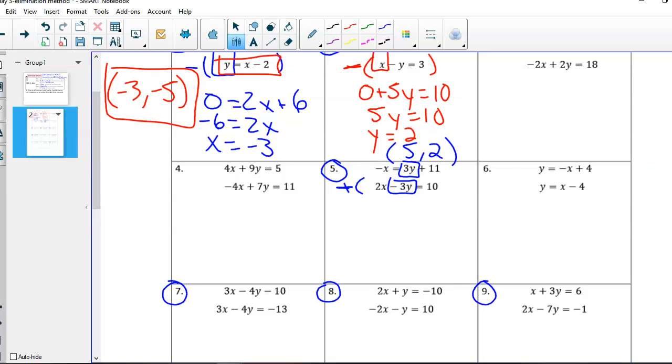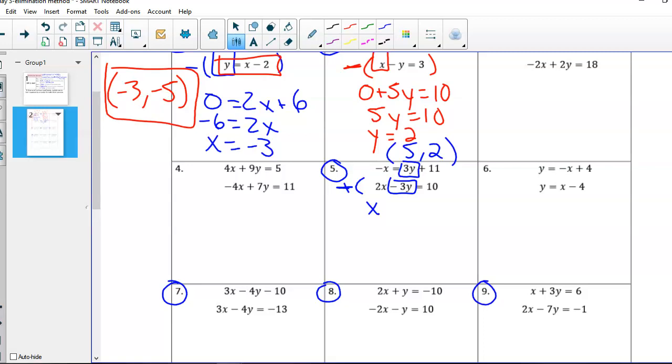Why is it adding again? If we subtracted, these y's would not cancel, because it'd be 3 minus a negative. So you'd be adding. So we are adding here negative x plus 2x, 1x, 3y plus a negative 3y, 0.